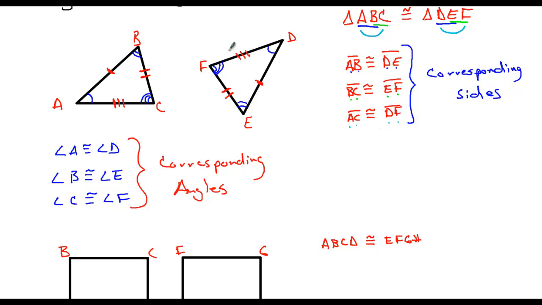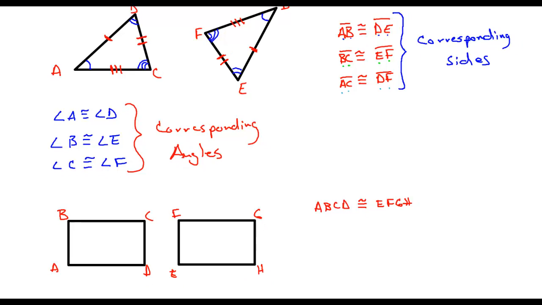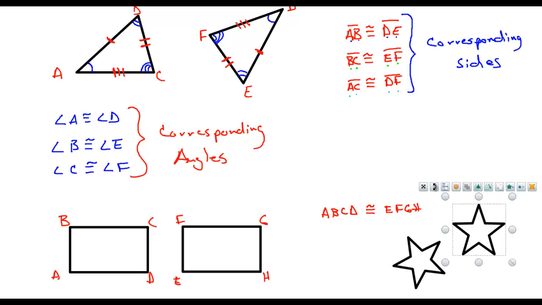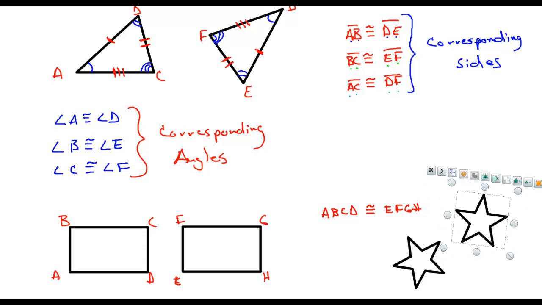So as you start getting more complicated pictures, or you start getting, instead of rectangles, shapes like this, and they start telling you things about the segments, and they're twisted around like this, and they're not facing the same way, and things just start getting more and more complex.